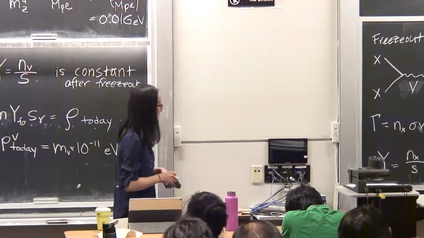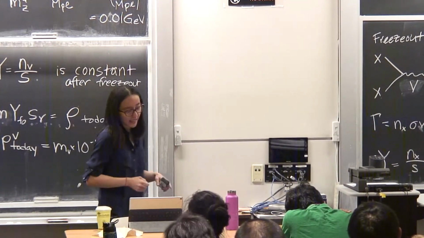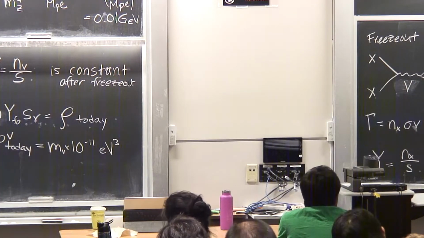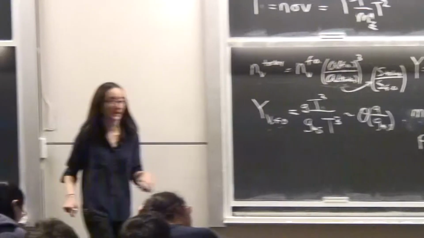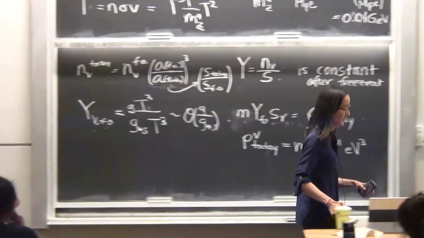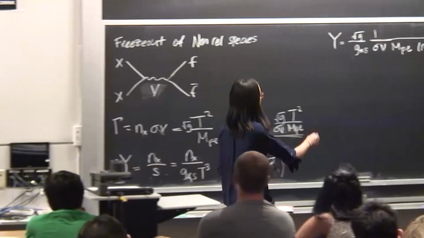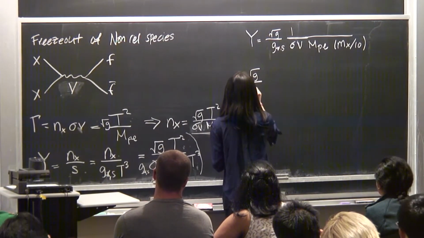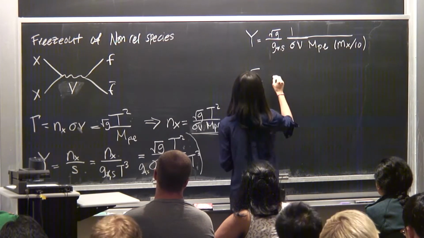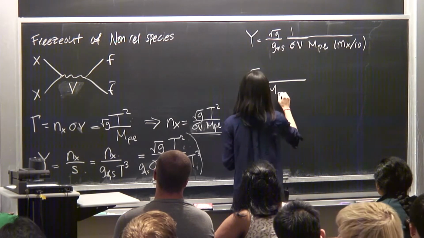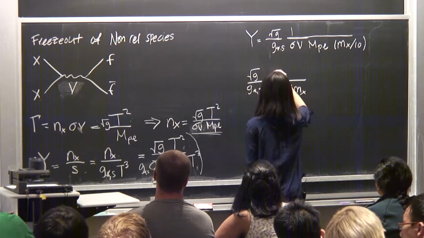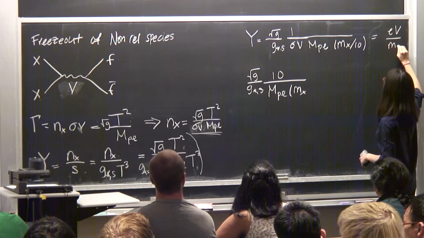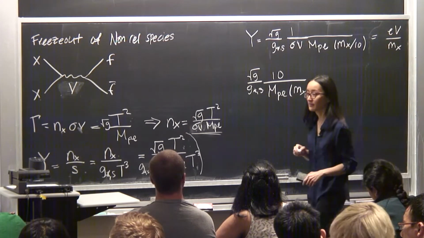Okay, so that's our freeze-out Y, and then let's say we want it to be all of the dark matter. Then we use this relation that the freeze-out Y should be ρ_DM over m_x.